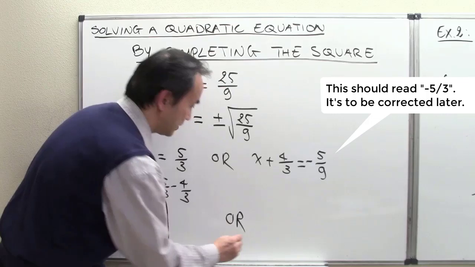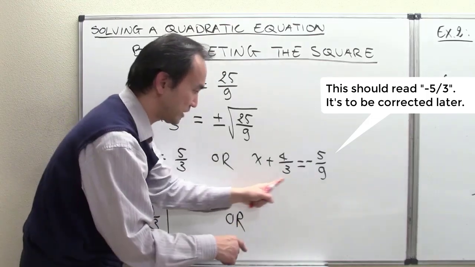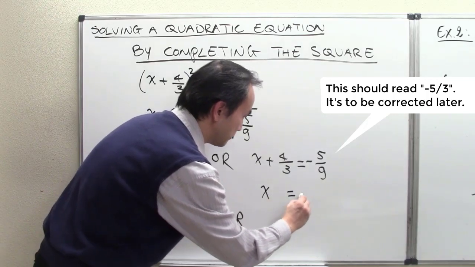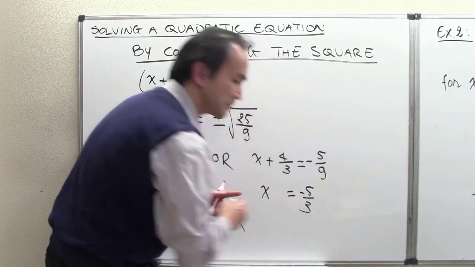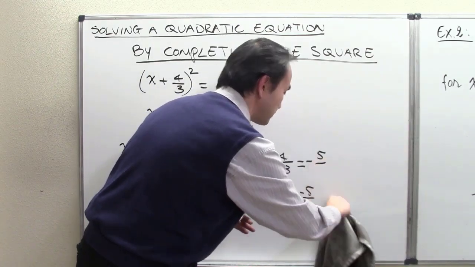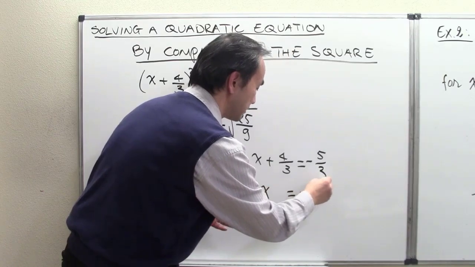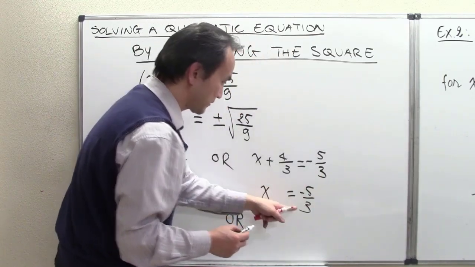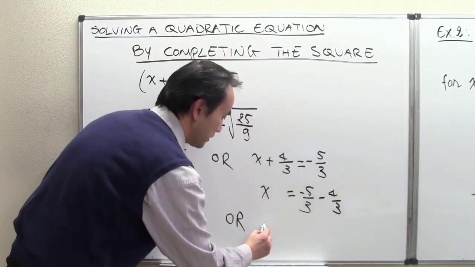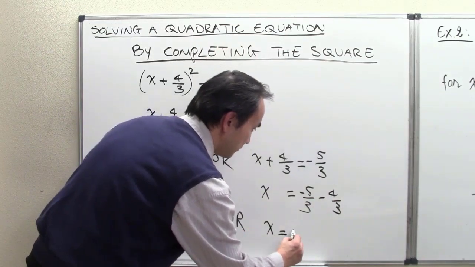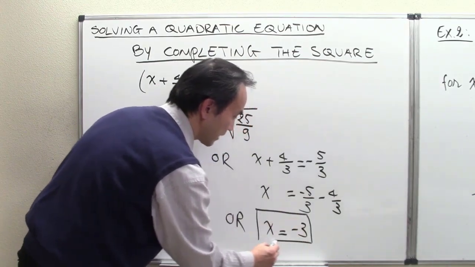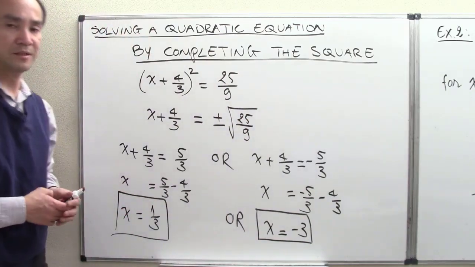Or from the other equation, subtracting 4/3 from both sides, we make it x equals minus 5/3 minus 4/3. And so x here will become minus 3. And that's how I have come to another value here.